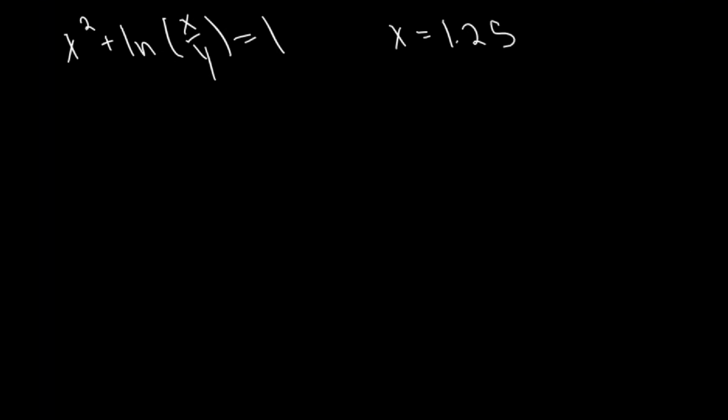With this example, I kind of want to leave you guys to do it. Here, you're given the implicit curve of x squared plus ln of x over y is equal to 1. Calculate the error approximation at x equal to 1.25 with the error formula, the absolute value of f of x minus L of x, which is going to give you your error.